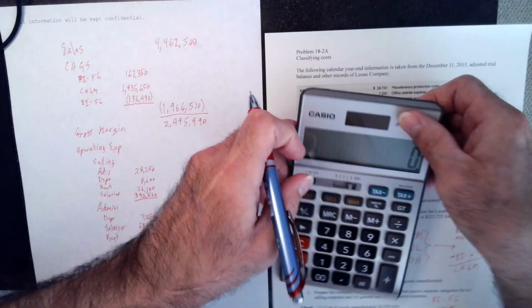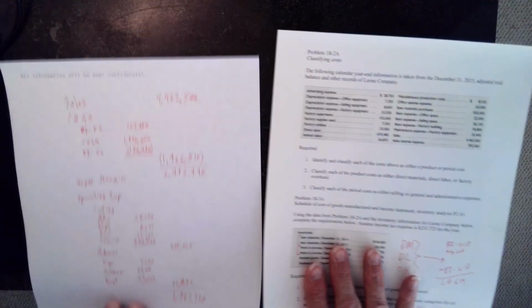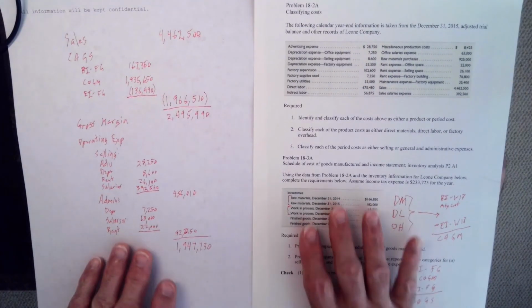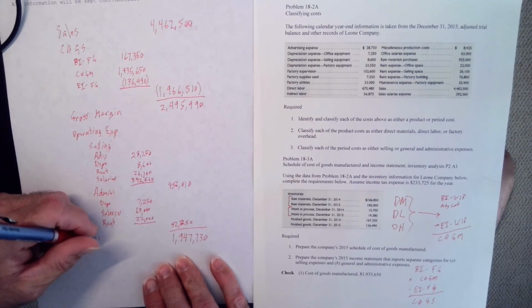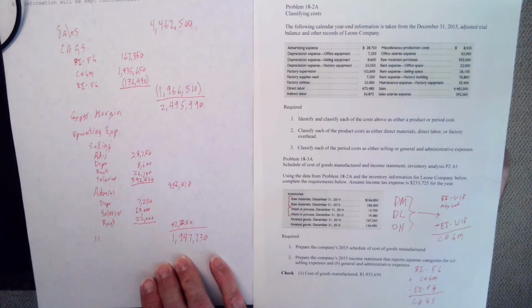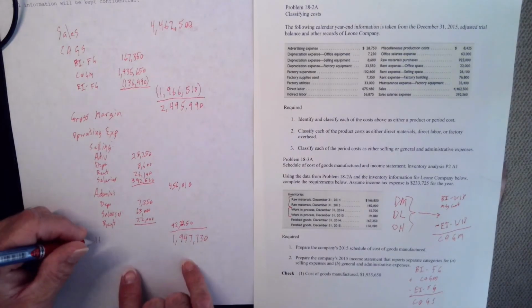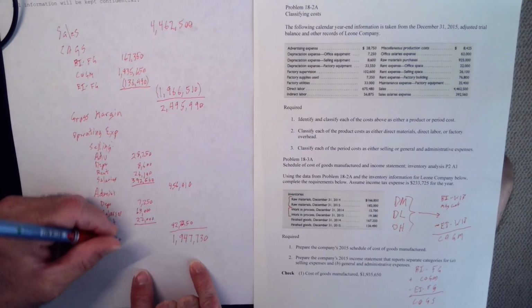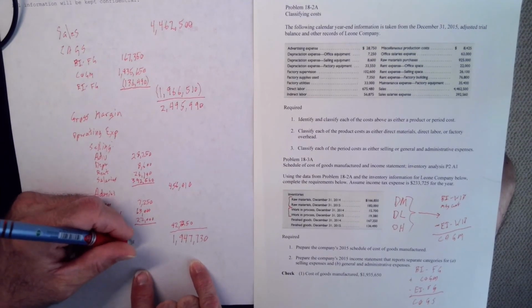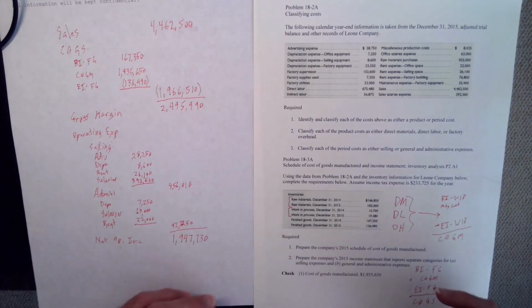Okay, now let's double check. Do they give us a tax thing? Oh yes, they do. They do have an income tax in here. So this is net operating income. And this is income before taxes and other revenues and expenses.